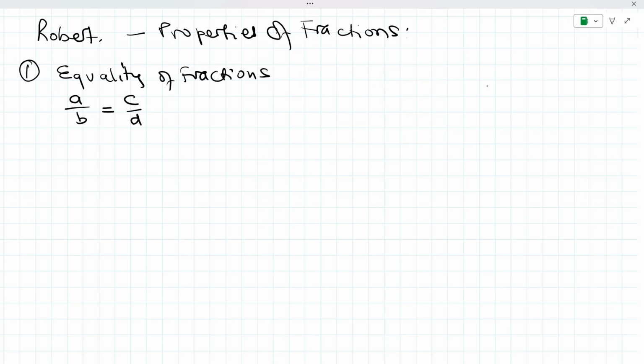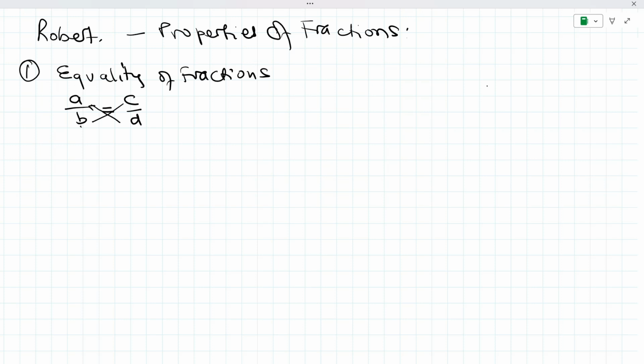So if A is divided by B and you are told it's equal to C divided by D, it means the cross multiplication should all be equal.